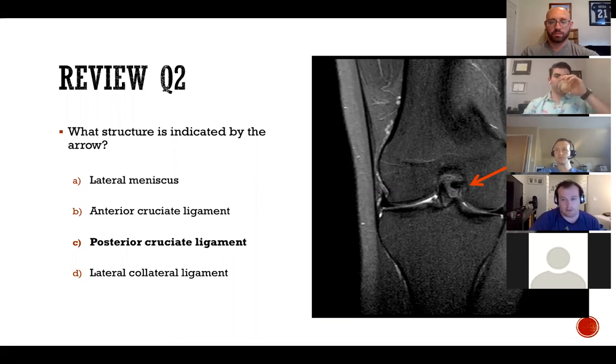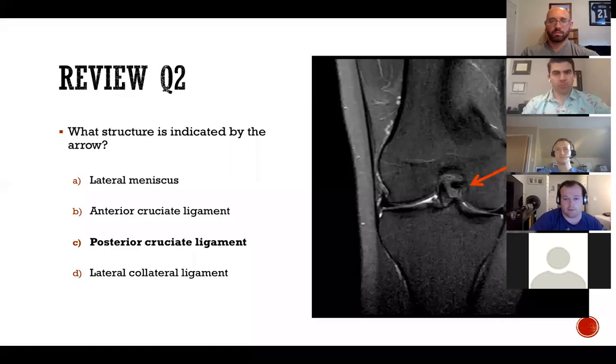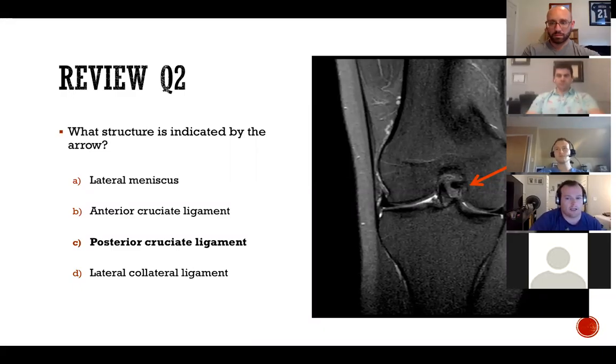You can also tell there's more of a vertical orientation of the ACL that you'll see in this coronal and sagittal image that you won't appreciate as much on the PCL. It has more of a looping trajectory from the very posterior aspect of the tibia up to the femur.